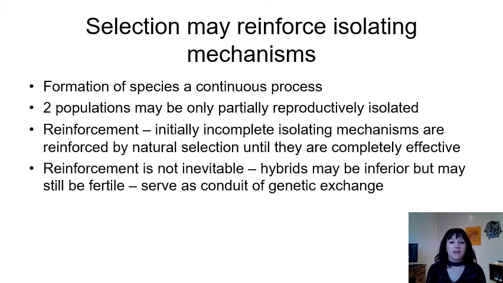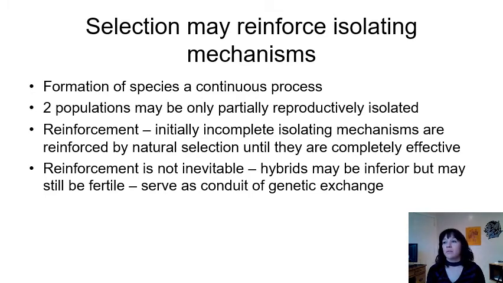So this is a continuous process, right? And you can have a situation where two populations may only be partially reproductively isolated. So maybe they can mate, but they don't mate as often, right? So you can have this initially incomplete mechanism that gets reinforced over time until the species cannot mate at all, right?